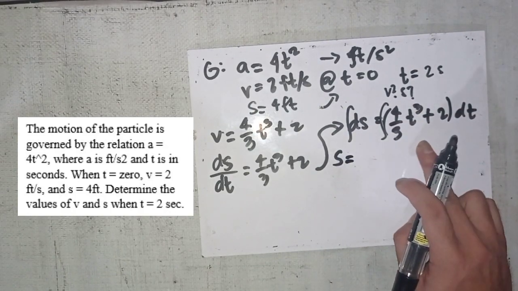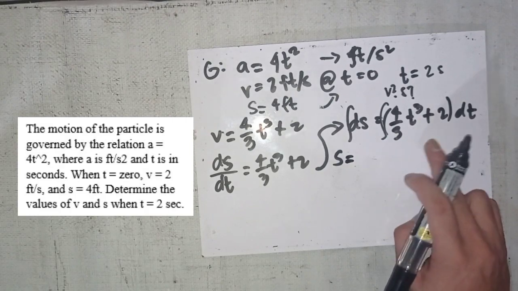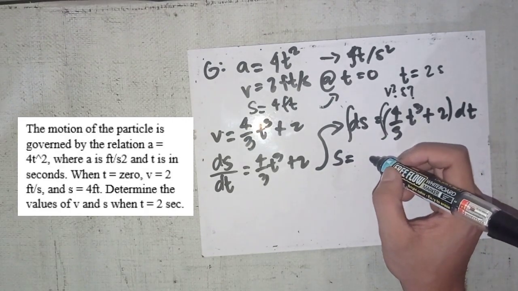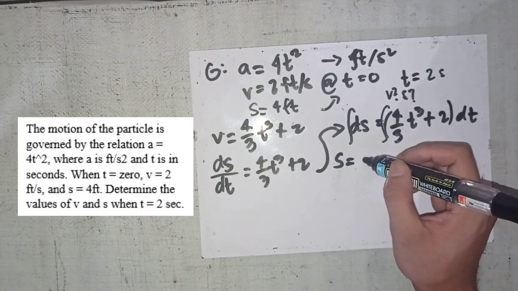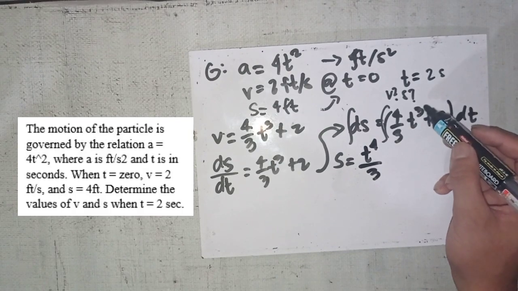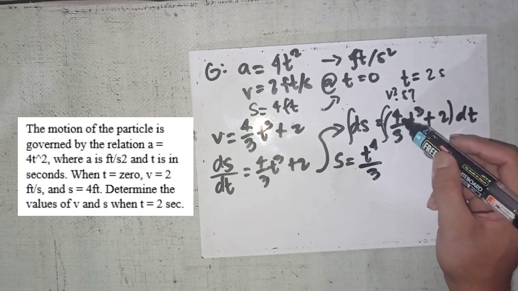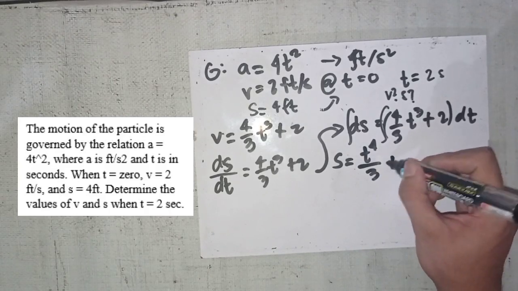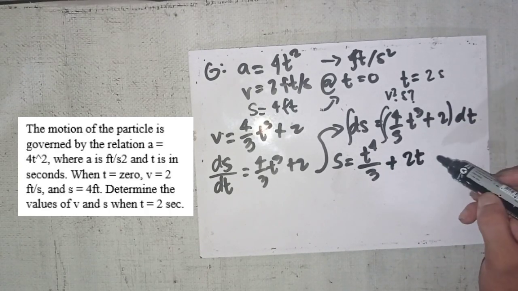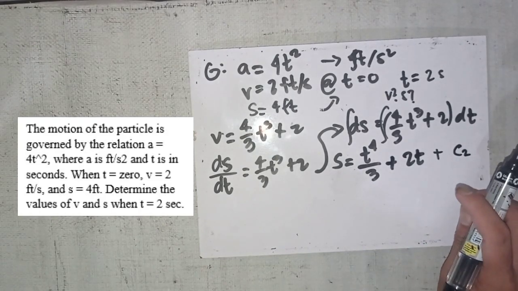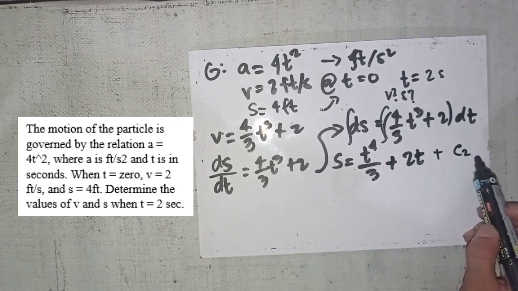If we integrate these two terms respectively, what we will get here is t raised to 4 over 3, because this will be plus 1, the 4 over 4 can be cancelled, so 1 over 3, plus the 2t and the arbitrary constant c2.